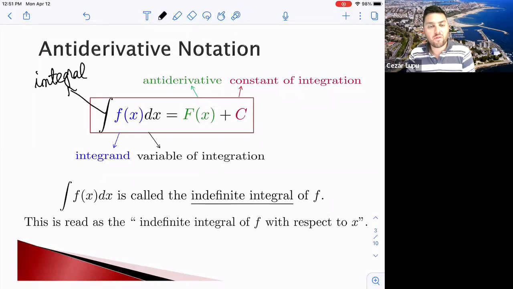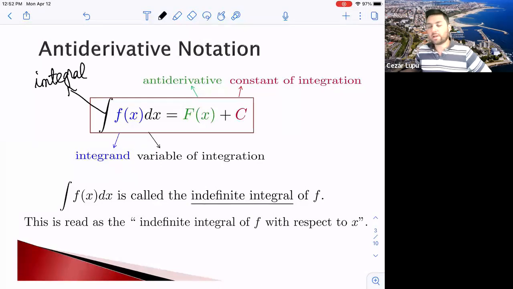Capital F of x is the antiderivative, and c is the constant of integration. In other words, we write it this way: the integral of f of x dx is capital F of x plus c. Like I said, this is called the indefinite integral of f, or you can read it as the indefinite integral of f with respect to x. So that's the notation we're going to use.